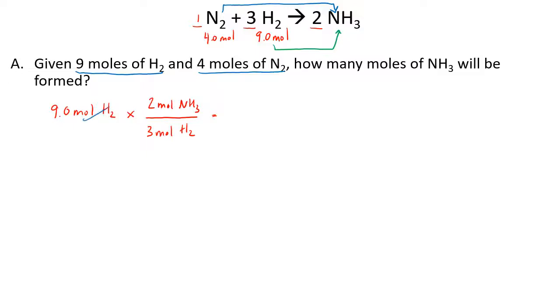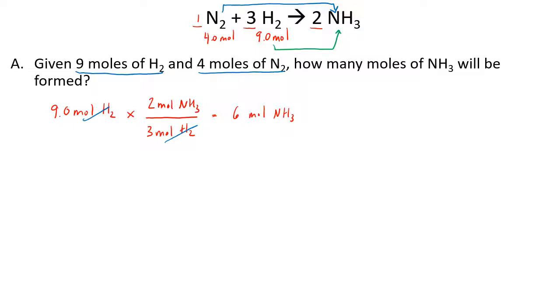This is because we want our moles of hydrogen to cancel, and we want to know how much ammonia we form. That will give us 6 moles of an NH3 product. And this is if all of our hydrogen were to react, we would form 6 moles of ammonia.